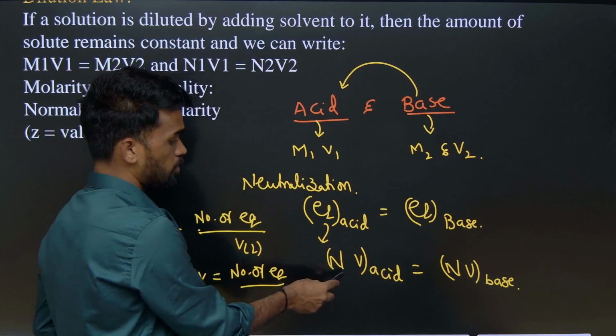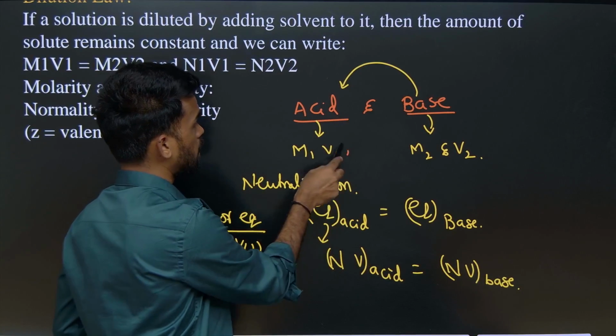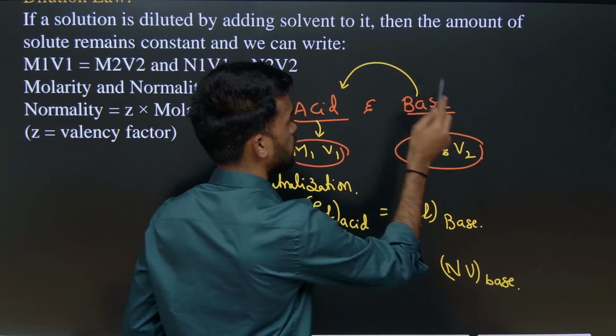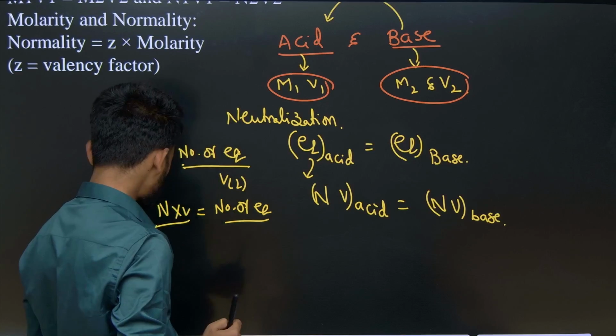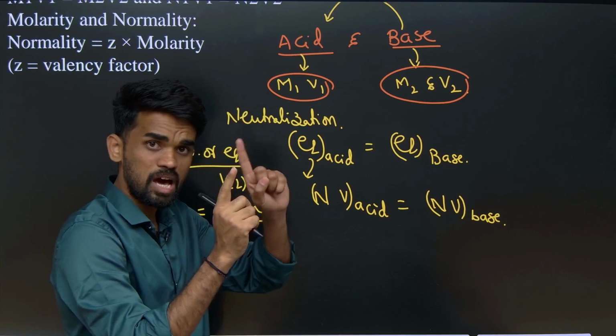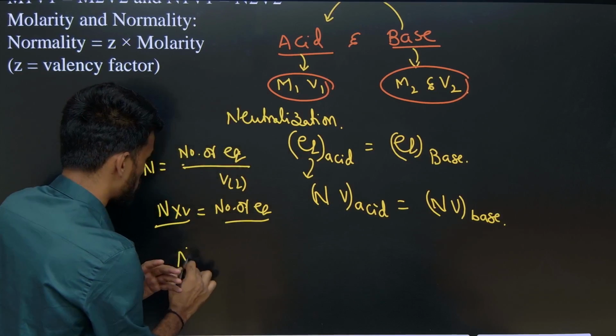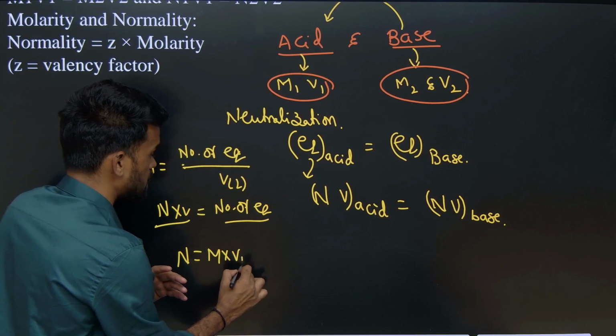Okay, here I am writing N into V, but I have been given concentrations in terms of molarities, right? So in this case what can we do? What is the relation between normality and molarity? Normality equals molarity into valency factor, I told you.